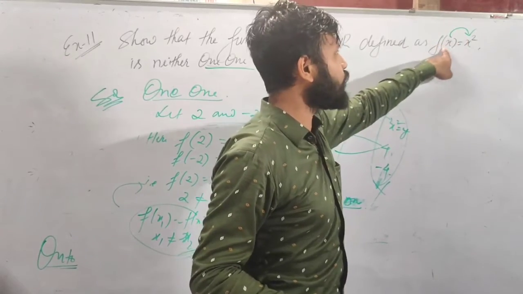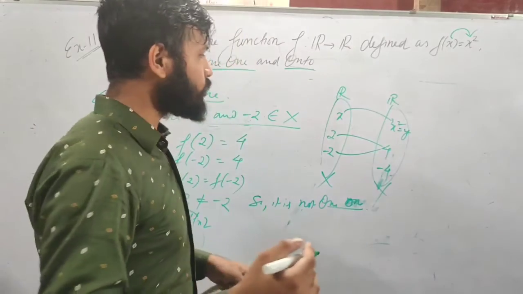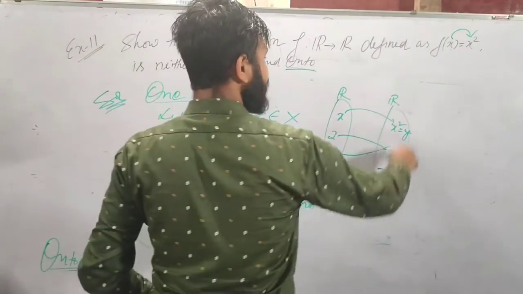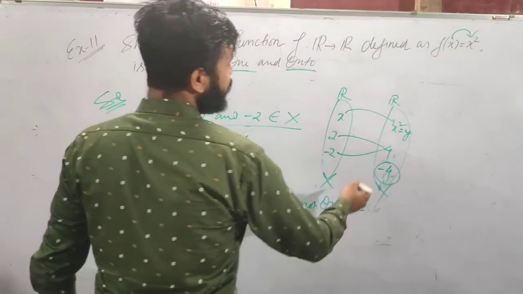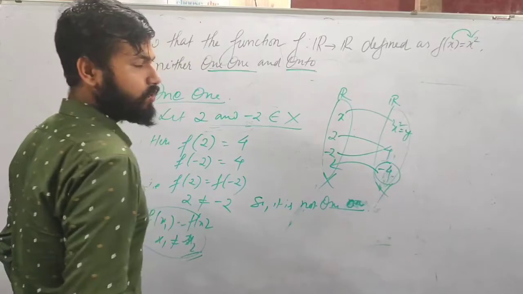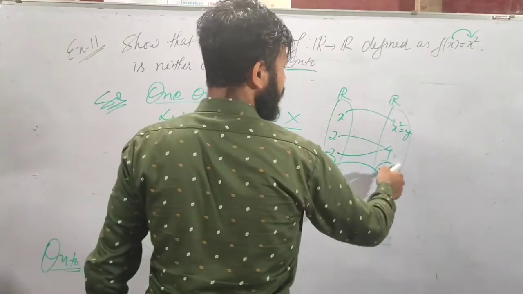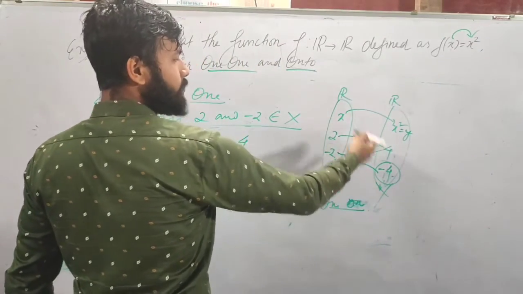If I take plus also, it will be positive. That means there is no possibility to get a negative in the real numbers. Though negative is there in the codomain, this negative value has no pre-image. So it is left out, and for being onto, not a single element of the codomain should be left out. Everybody should have some pre-image.